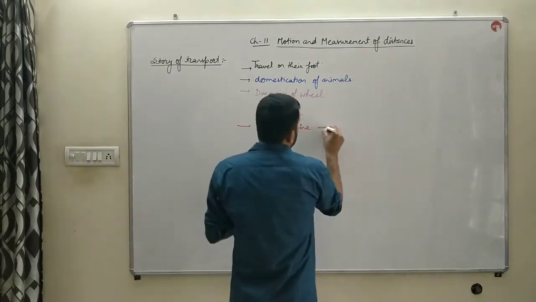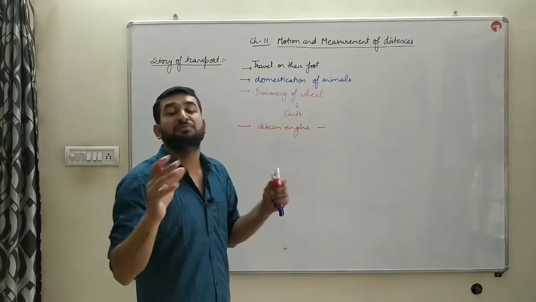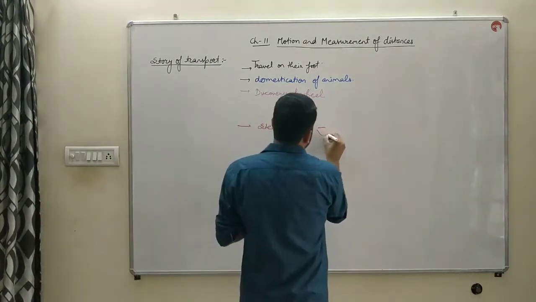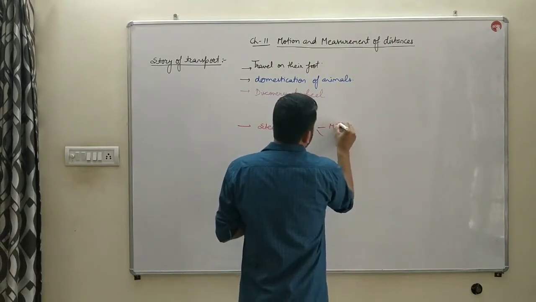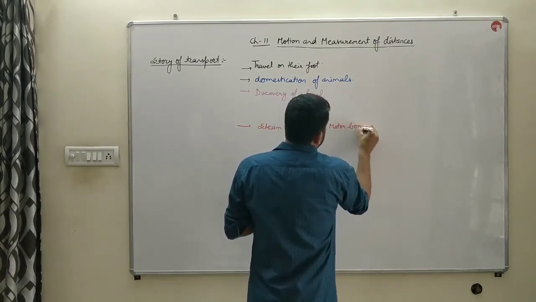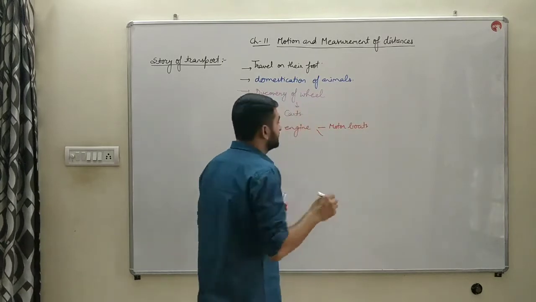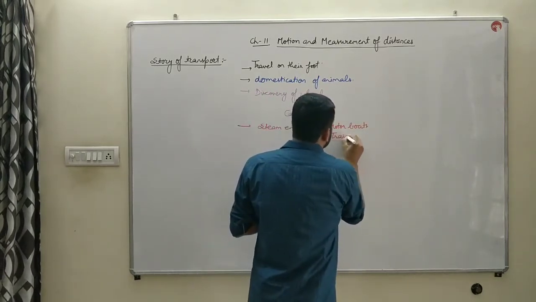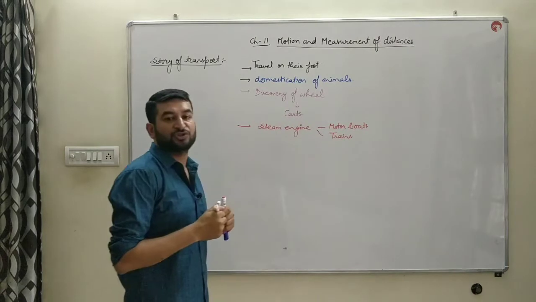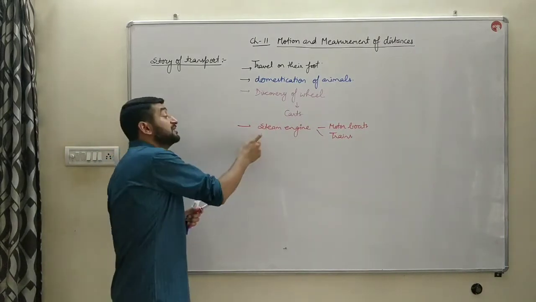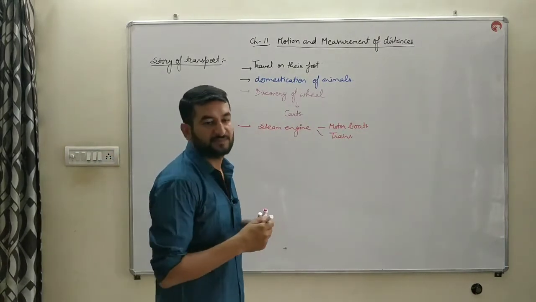Various transportation means were discovered with the discovery of the steam engine, that is motorboats, which used to travel on water, and trains. All those means of transport were earlier based on steam engines.